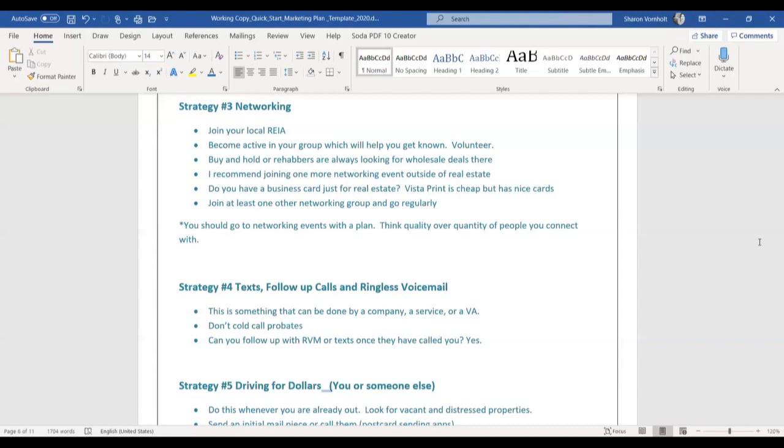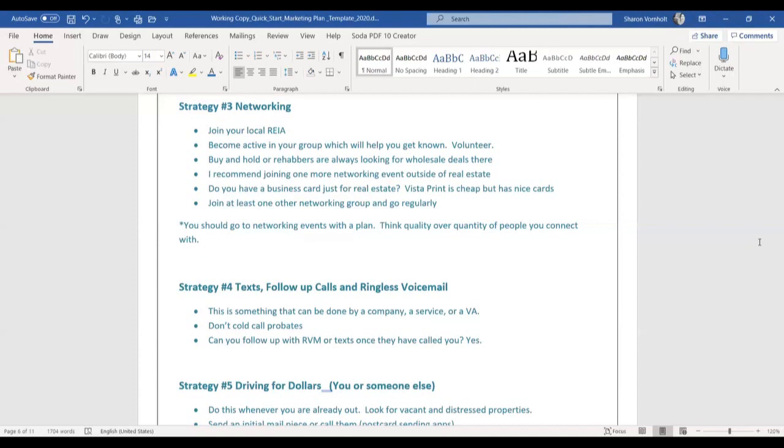But this is a great way to increase the results of your direct mail. One company that I work with, I did a podcast with just on ringless voicemail, he said that it can increase the results of your direct mail campaigns by up to 400%. So think about that for a minute.